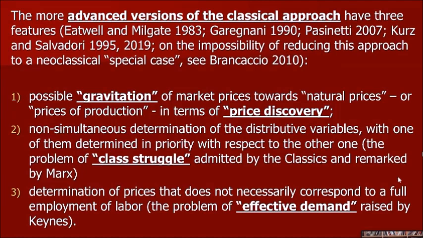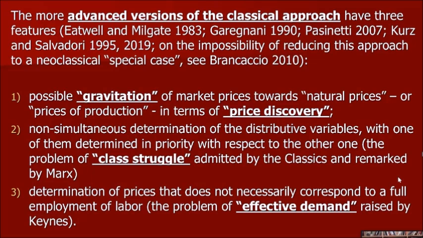The more advanced versions of this line of classical thought have three essential features. First, a possible gravitation of market prices towards natural prices or prices of production in terms of price discovery. Second, a non-simultaneous determination of the distributive variables, with one of them determined in priority with respect to the other one, which brings to mind the problem of class struggle admitted by the classics and remarked by Marx.